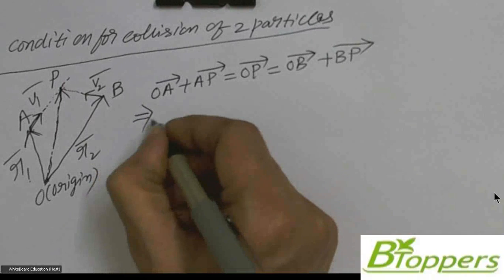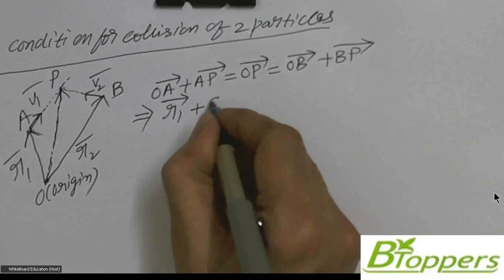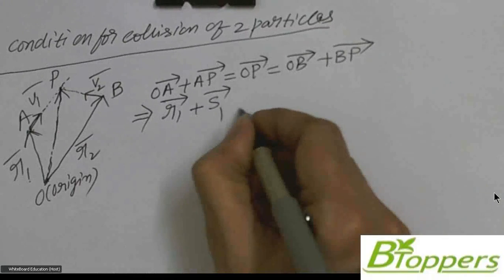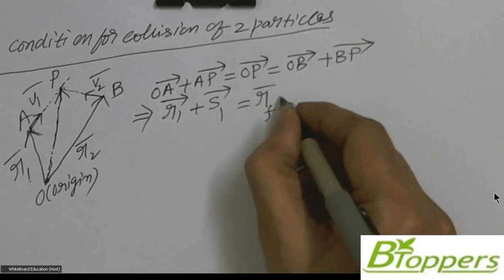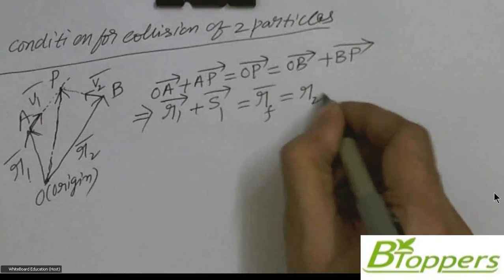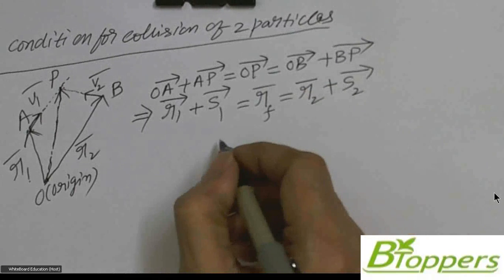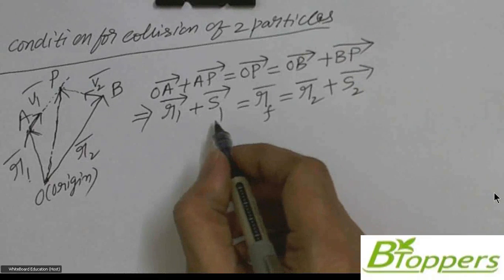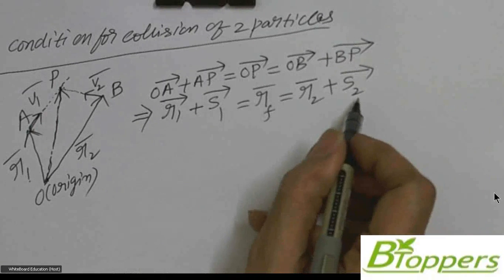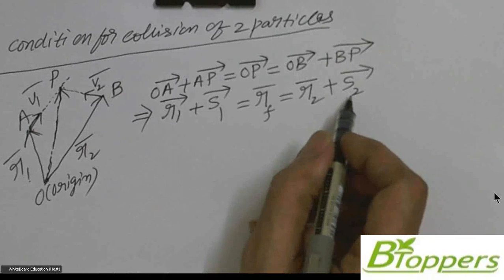So this equation you can write as R1 bar plus S1 bar is equal to RF bar, which you can write as OB bar, that is R2 bar, plus BP bar, which is S2 bar. So here S1 bar is the displacement of the first particle in the time interval delta t, and S2 bar is the displacement of the second particle during the same interval of time delta t.